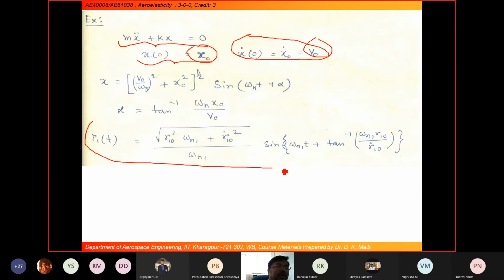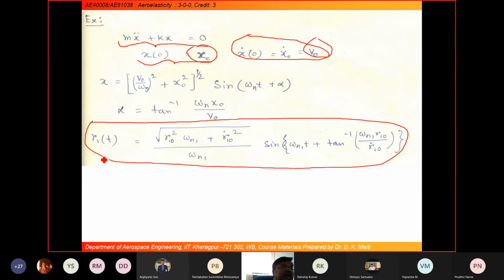Similarly, in our case, we will get the time response of the modal coordinate R1. Sometimes I have used R1 or Q1, they are basically the same, modal coordinates. So R1 of t I will get from this equation, whatever I have written here, using the initial modal displacement, modal velocity and the natural frequencies.